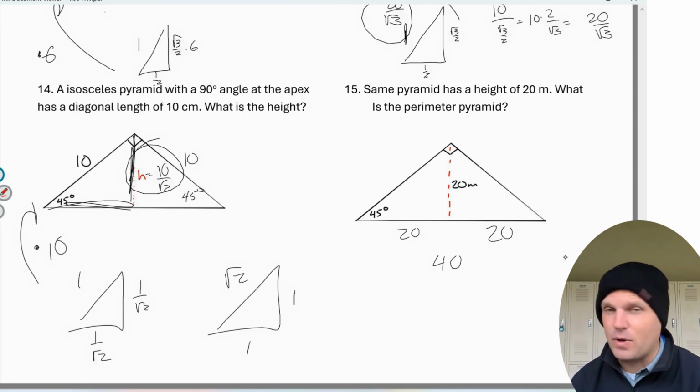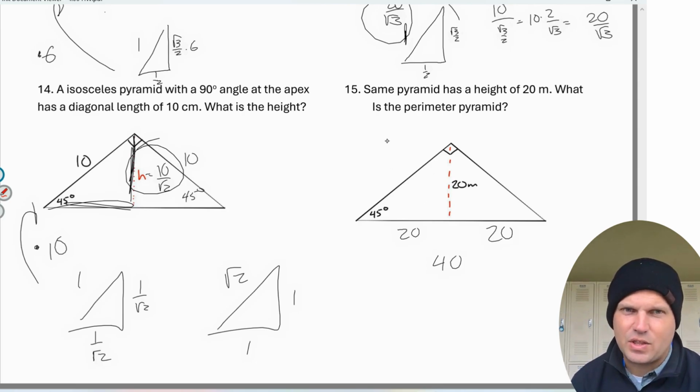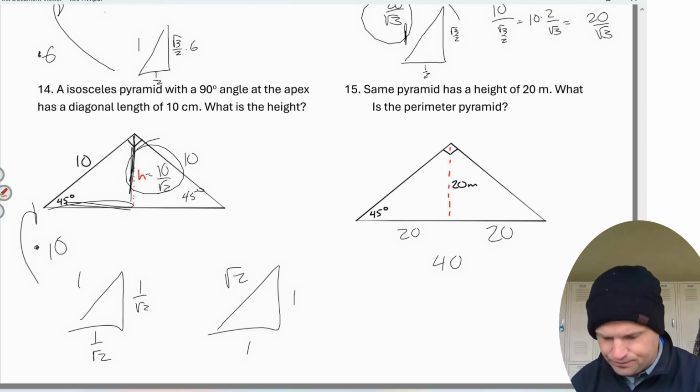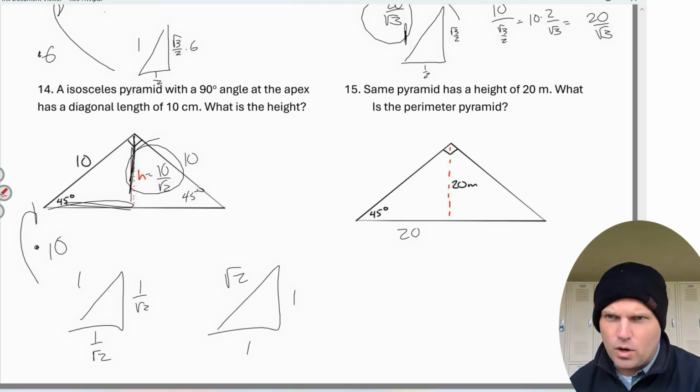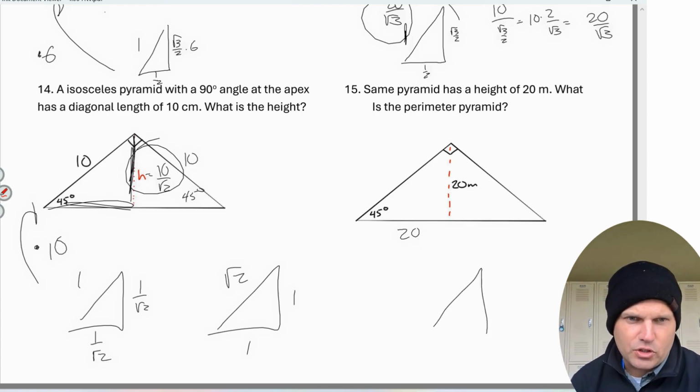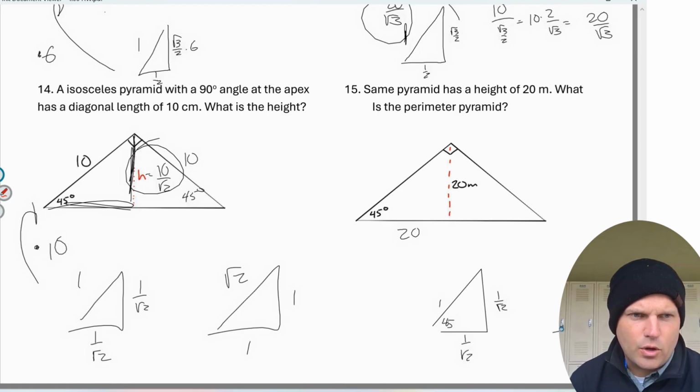So there's many ways to do this. You can find this side length using your smaller 45, 45, 90, or you do whatever you want. It is probably easier to use this triangle with 1/√2 and multiply it by 20 to get that this is 20√2.